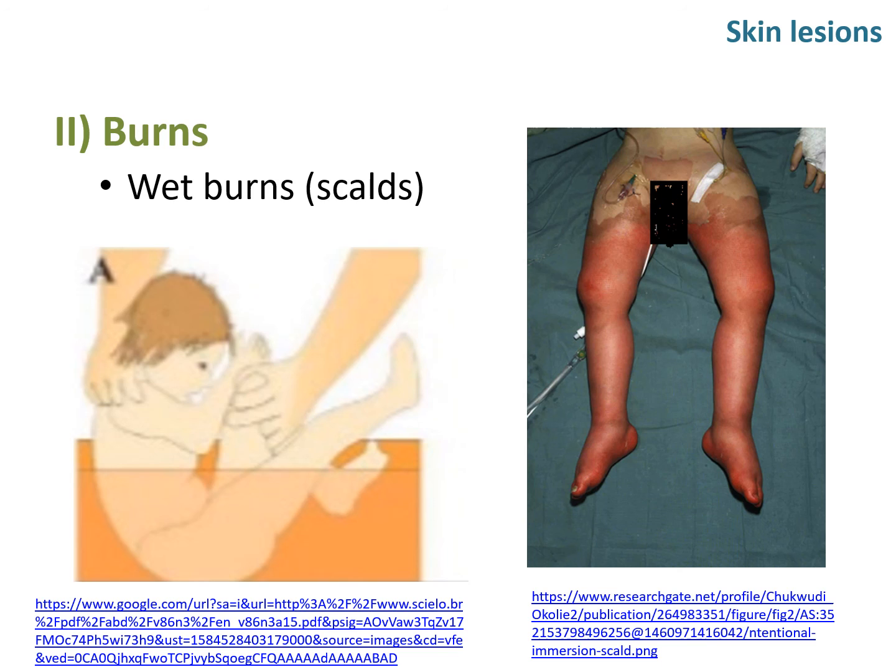As regards wet burns, these are called scalds. They are due to hot liquids. Sometimes the child is dipped with his buttocks and legs in hot liquids.